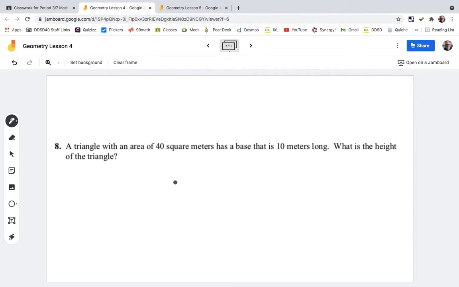A triangle with an area of 40 square meters and a base that's 10. We don't know the height, so we can just say 40 equals 1/2 the 10 times the base, or excuse me, the height.